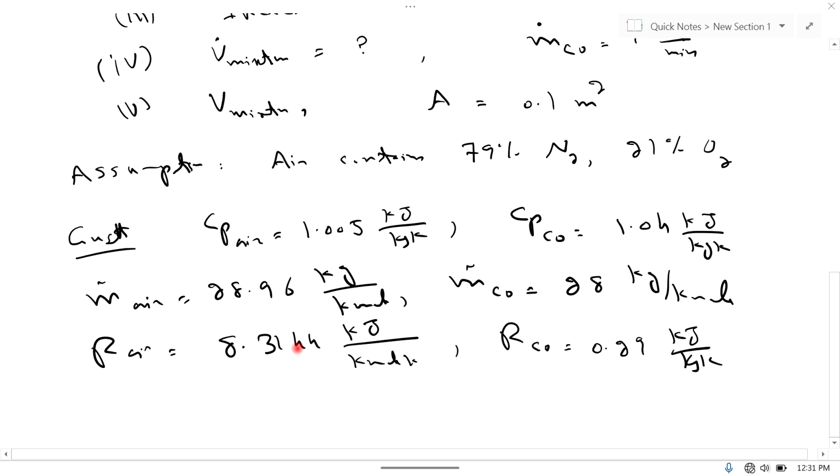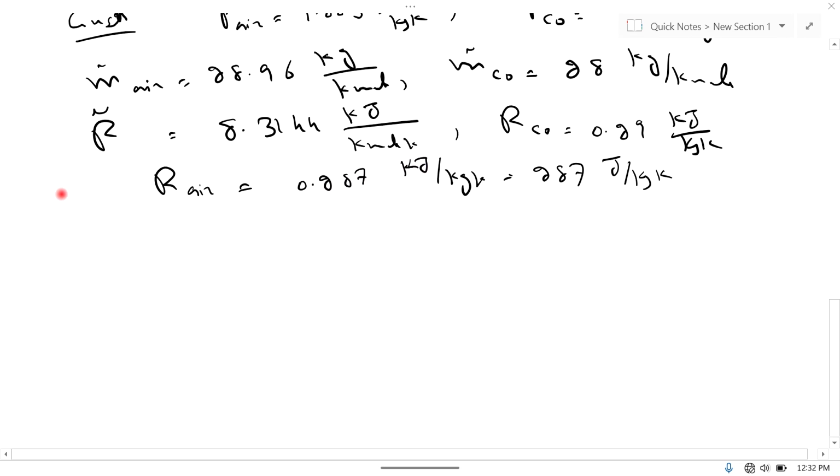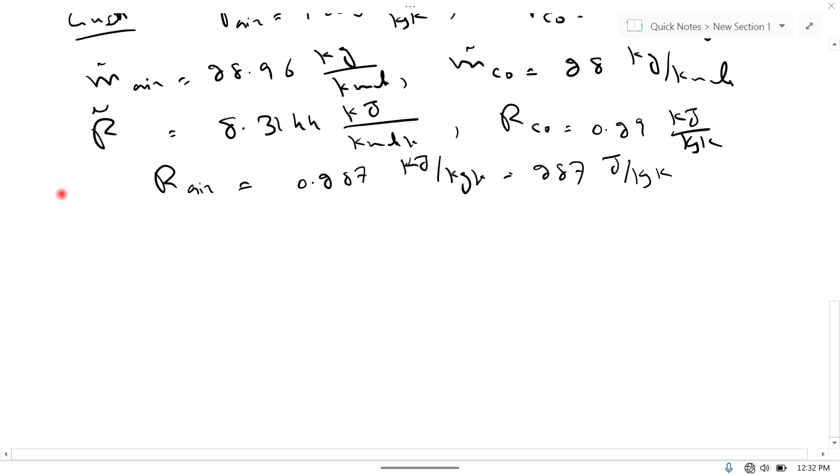And this is the molar gas constant or universal gas constant. And R for air, the ideal gas constant for air, is 0.287 kilojoule per kilogram per Kelvin. We can write this as 287 joule per kilogram per Kelvin, since kilo is equal to 1000.